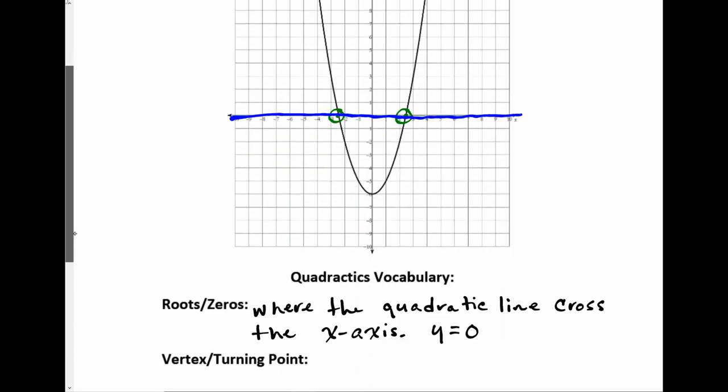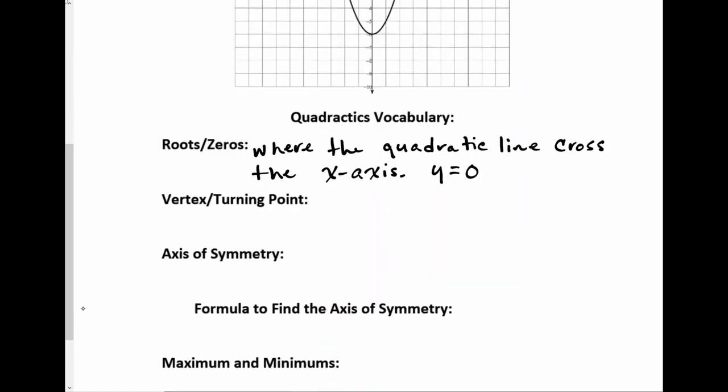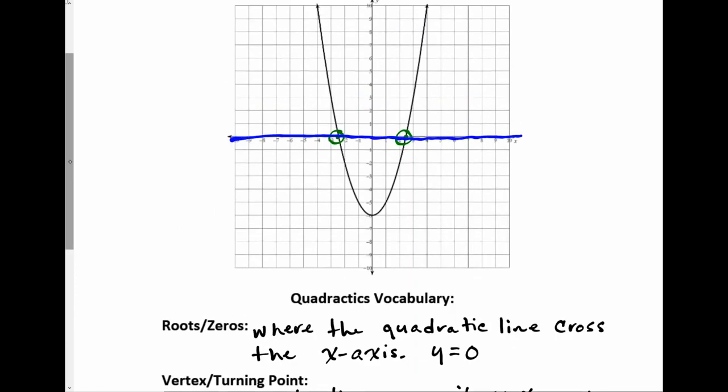Okay, moving on. What is the vertex or the turning point? The vertex or the turning point is where the line reaches its max or min. Its maximum or minimum. So looking back at the picture, the turning point would be this point right here.